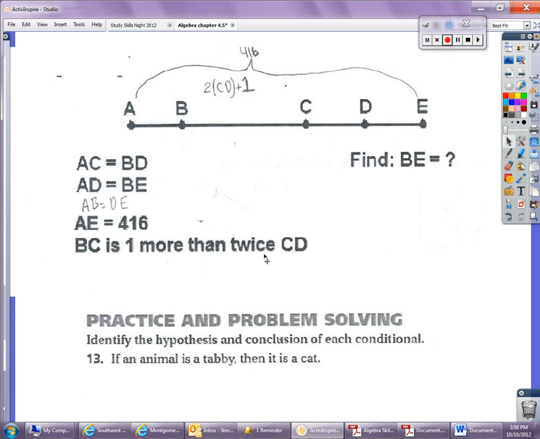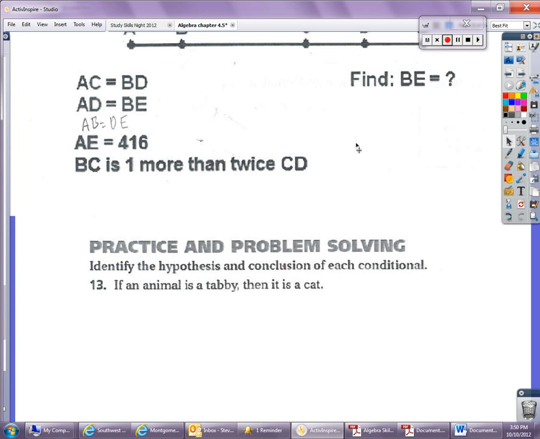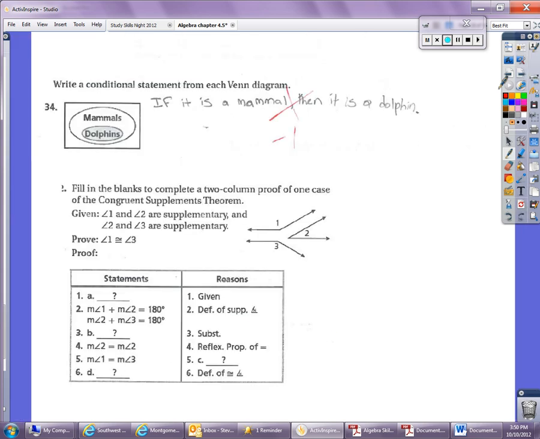This one, the first thing when we talked about conditionals, we learned that the hypothesis is the if part, the first sentence, so that would be the hypothesis. And then it is a cat would be the conclusion. So here, if you look at this picture, you can see that anytime you're a dolphin, you have to be a mammal.